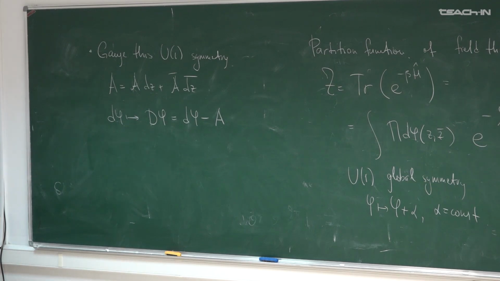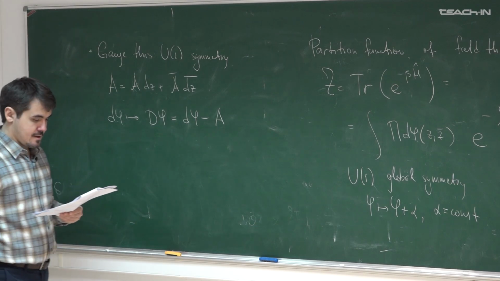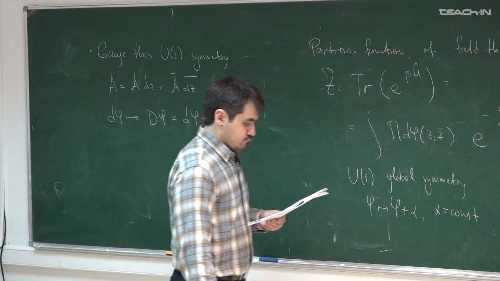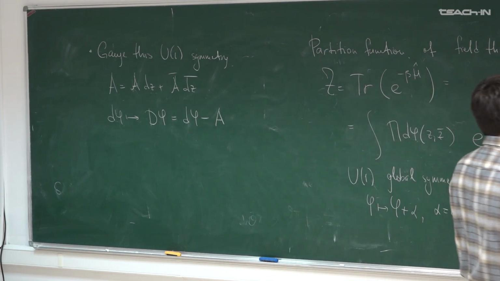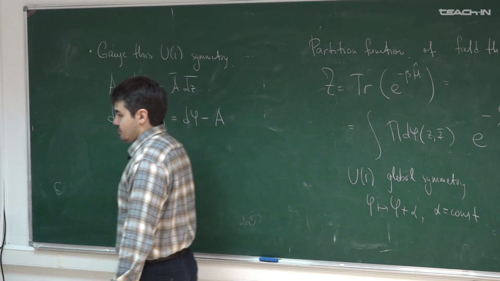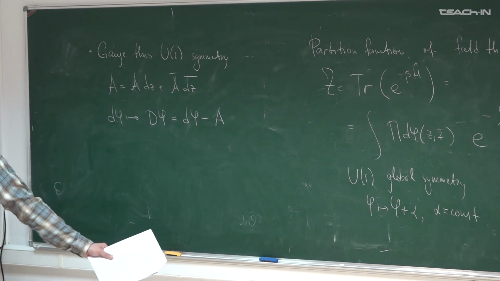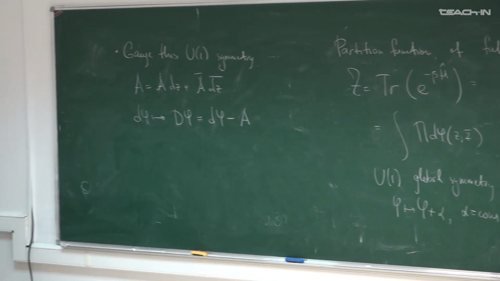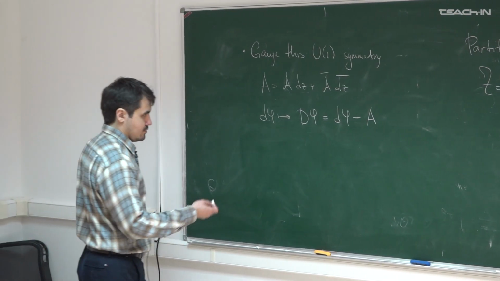For example, d phi becomes d phi minus A. So if we just do this, then we get some theory which is empty, because if we just plug this thing back into the action, then we have a gauge symmetry.